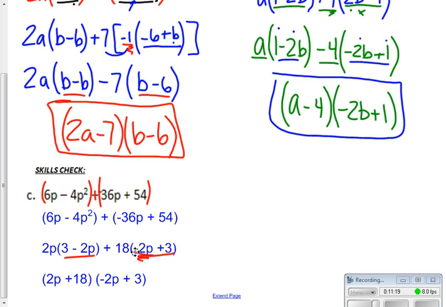Look at these. We have a negative 2p, a negative 2p, and we have a positive 3, a positive 3. So those are actually already identical. So I didn't need to factor out a negative 1. So I have 2p plus 18. Go ahead, fill that in. I like my variables going first here, so that's why I put it as negative 2p first, followed by a plus 3 there. This concludes our lesson on lesson 34, factoring by grouping.